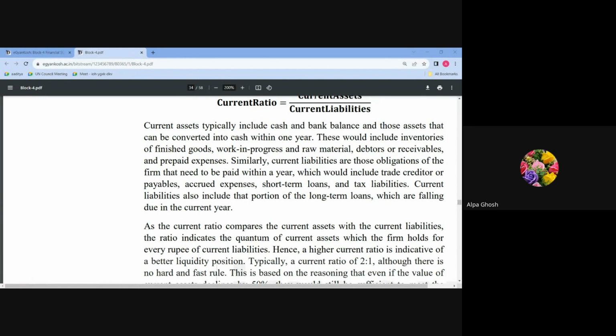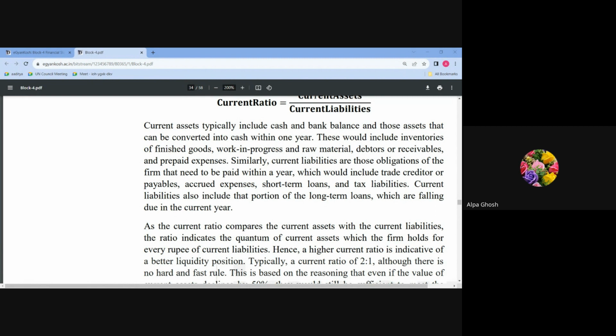Now, when we talk about current assets and current liabilities, in current assets, we mostly try to analyze the cash position, the bank position, the debtors position.